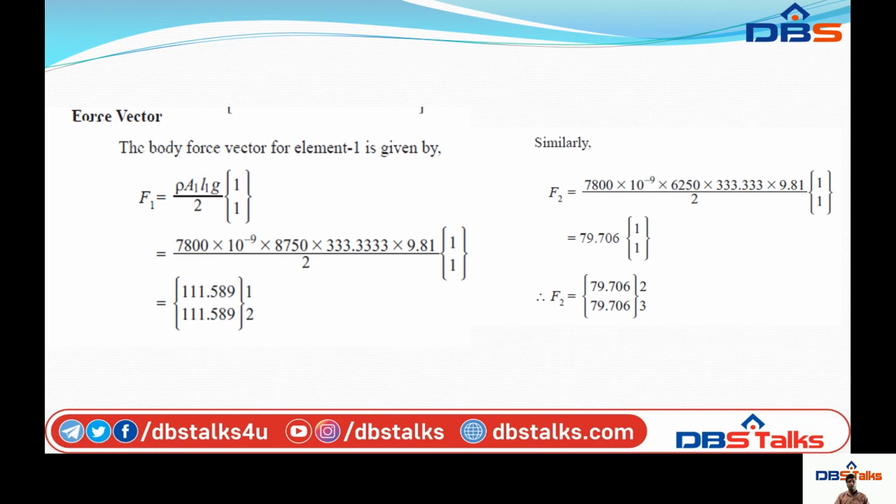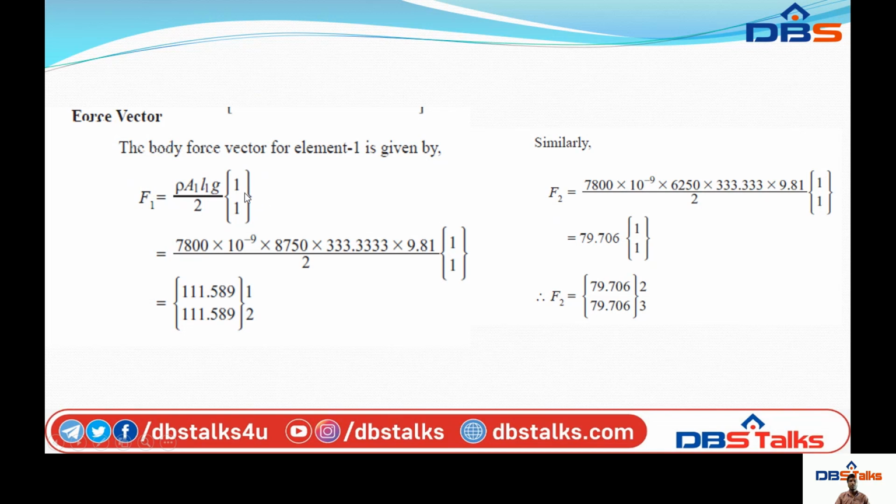Previously, we did a problem on a stepped bar, but in that problem we were not taking this formula for finding the body force vector. Why? Because in that problem, they gave the temperature gradient delta T and thermal diffusivity values.